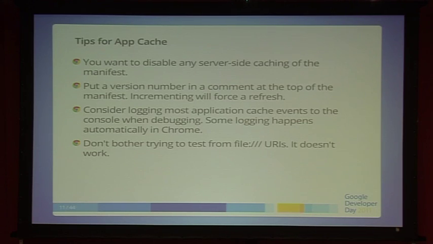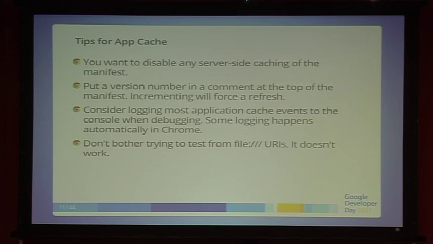Easy way to force the refreshes is to rev the manifest: put a version number comment on top of the manifest and then just increment the number in that. When you change the manifest, just by incrementing the number in the comments, it forces a refresh.